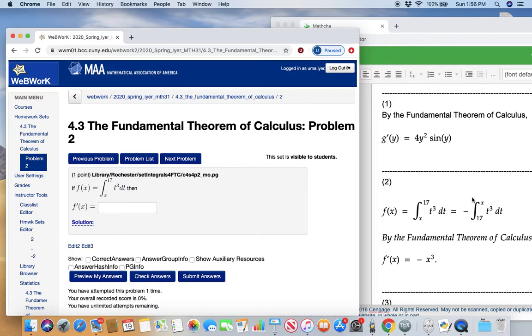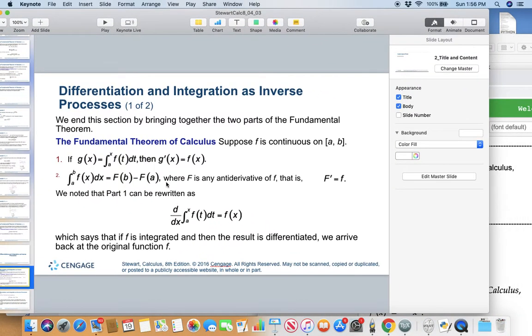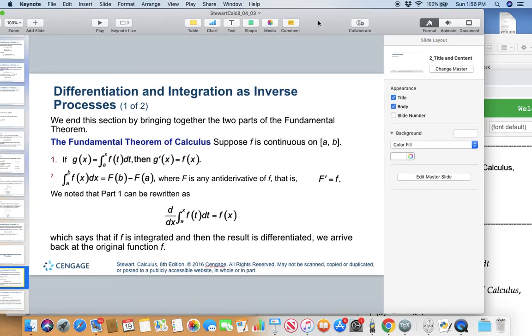Inside is the same. What does the fundamental theorem say? It says lower limit is a number, upper limit is the same object as the argument for my area function. Then the derivative is the function inside with the same variable in for t.